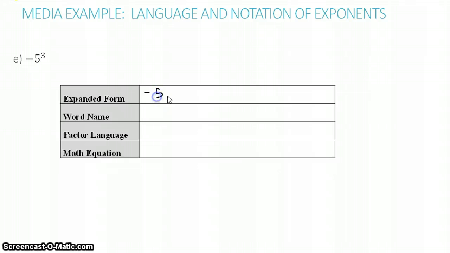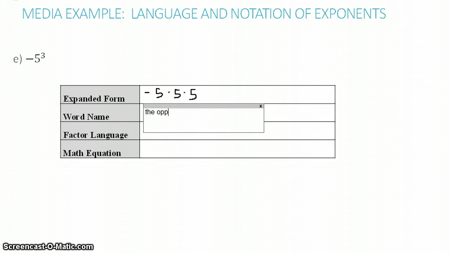So 5 times 5 times 5. The opposite of 3 factors of 5. And that is our word name. The opposite of 5 cubed, or the opposite of 5 to the third.